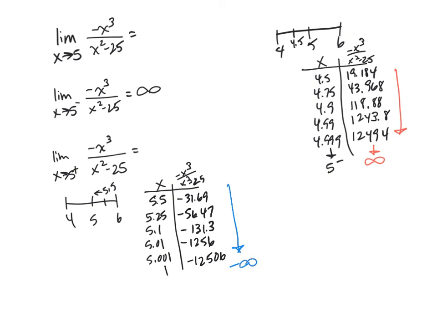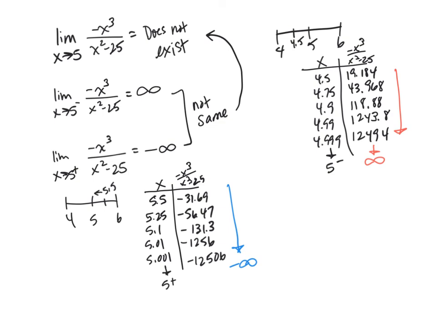So as we approach 5 from the right, we're going toward negative infinity. And since these are not the same, our answer is does not exist for the limit as x approaches 5 of negative x cubed divided by x squared minus 25.